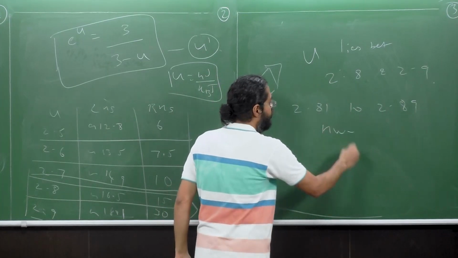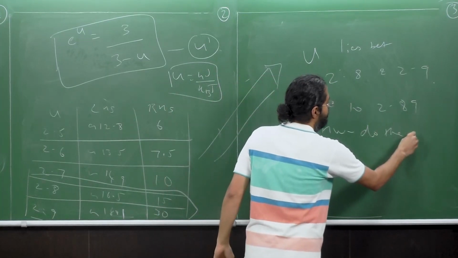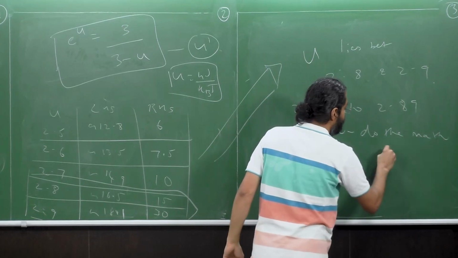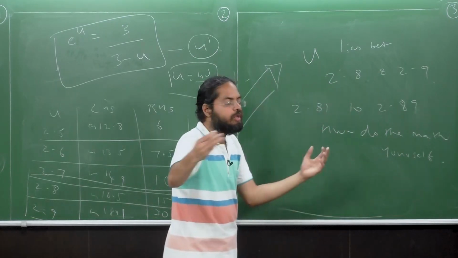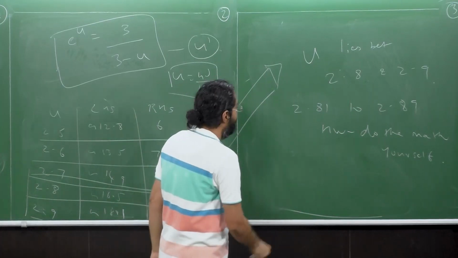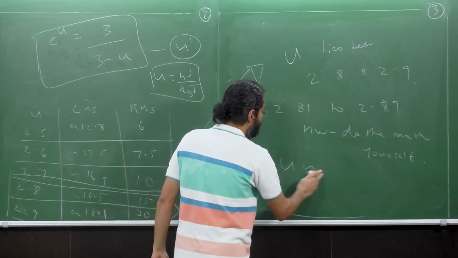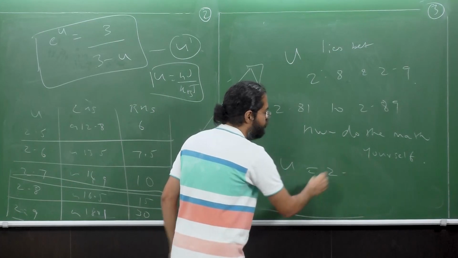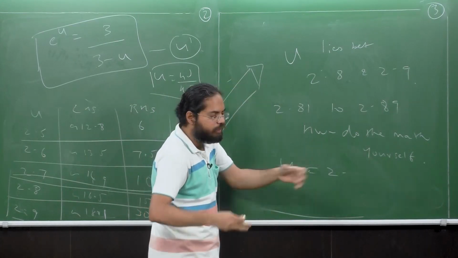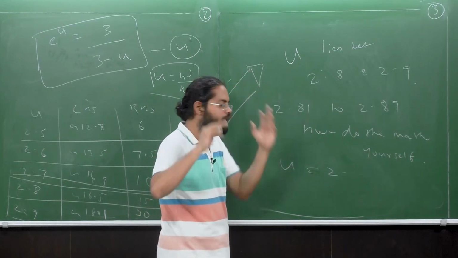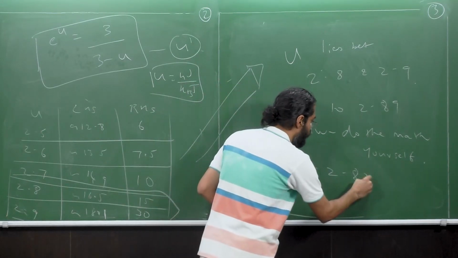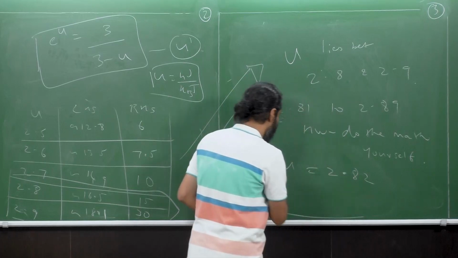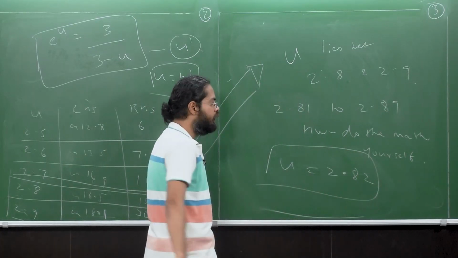As homework, do the number crunching yourself. Once you do the math, you will find out that your U turns out to be so close that I can even do away with the approximate symbol and use exact equality: 2.82, right?